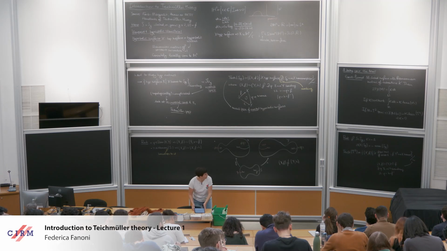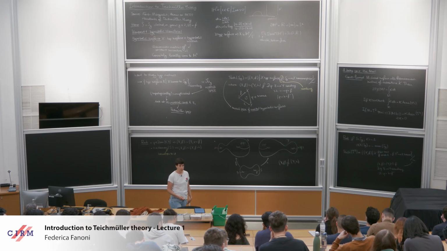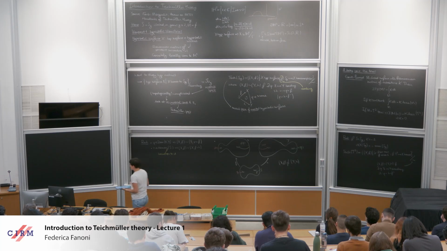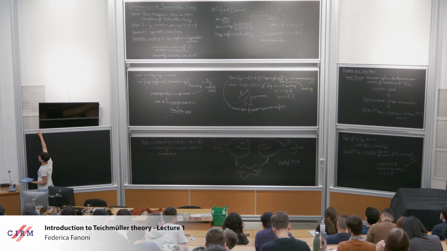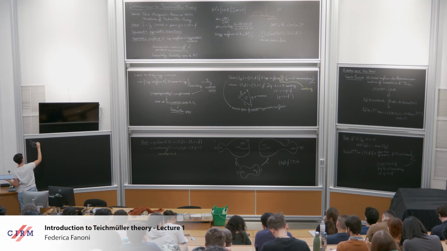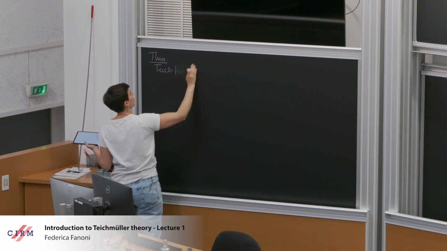And what I want to sketch here is the fact that in this case we can really compute Teichmüller space, and it is actually going to be the hyperbolic plane. I don't know if theorem is really the right word for this.